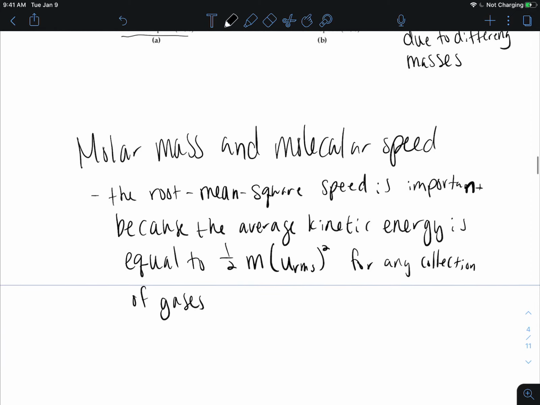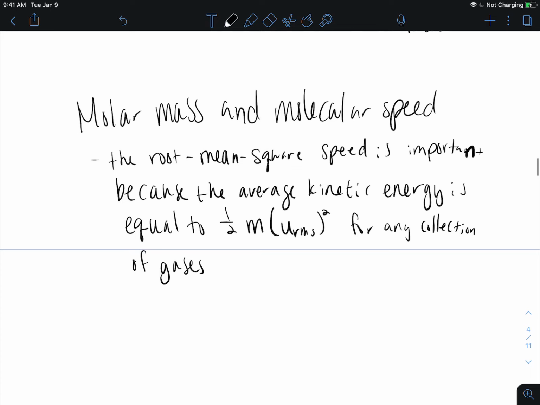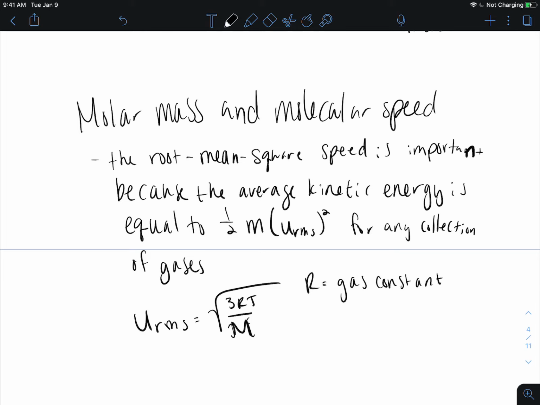The root mean squared speed can be calculated using the square root of 3RT divided by, let's do a little funky M, where our R is our gas constant, our T is our absolute temperature, and then that is our molar mass.